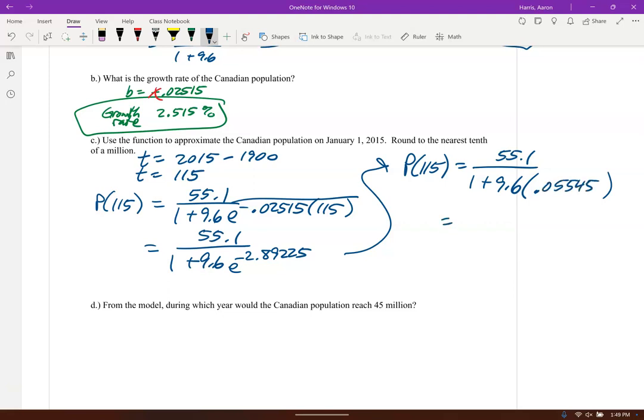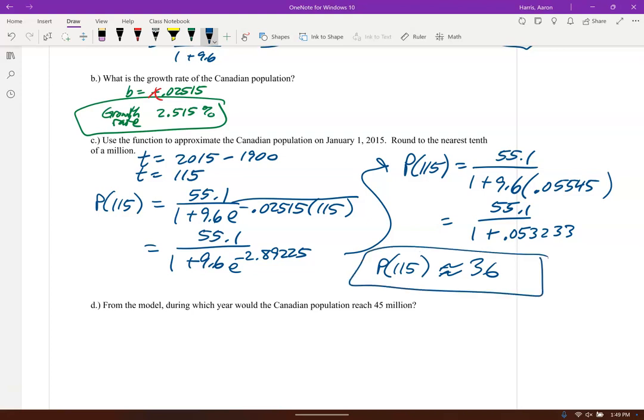Then do that times 9.6. You get 0.053233. So 55.1 divided by 1.053233 is approximately 36. And remember, this is in millions. So on January 1st, 2015, you have about 36 million in the Canadian population.